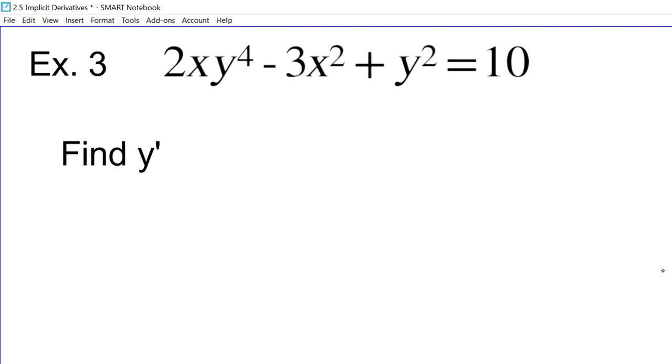Once you finish, compare with the person next to you. And your goal is to get y prime by itself.